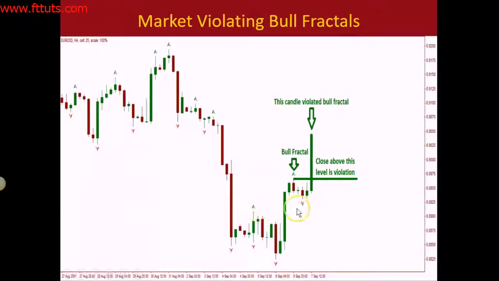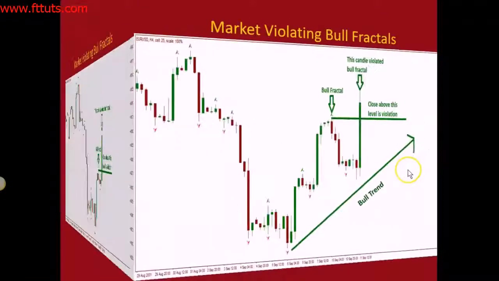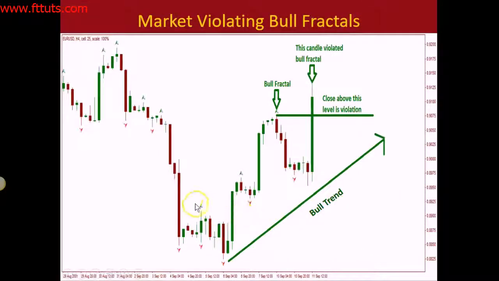The market violated this bull fractal, and then again it violated another bull fractal. Close above that bull fractal level right here, and that's a violation. So now, as we see, the market continues to move higher based off of what we said. Follow the fractal breaks. And then now, if you didn't catch this one, nor this one, you could see that there's another one, a third one, where you have a bull fractal break.